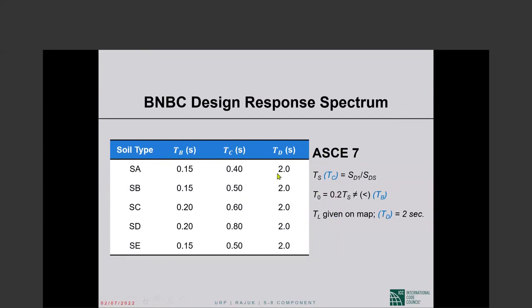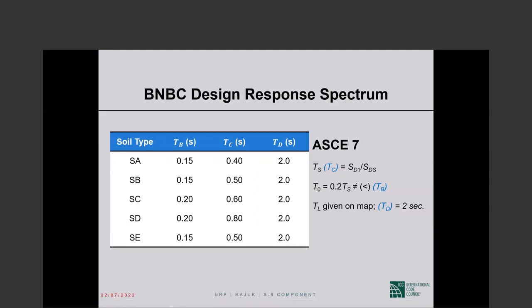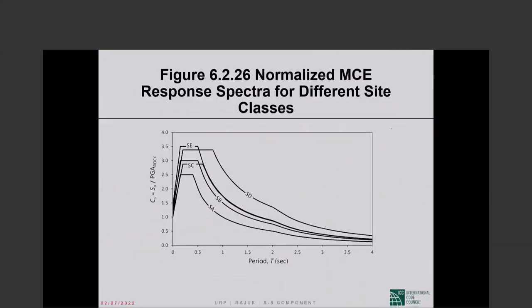T sub D here is 2.0 seconds, as you can see. The T sub 0 and T sub B are not the same. The T sub 0 is typically lower than T sub B, or T sub B is higher than T sub 0. So, not a lot of new points made on that table.